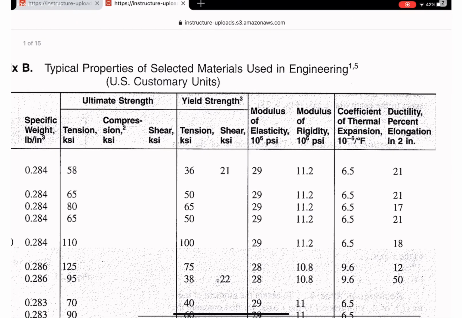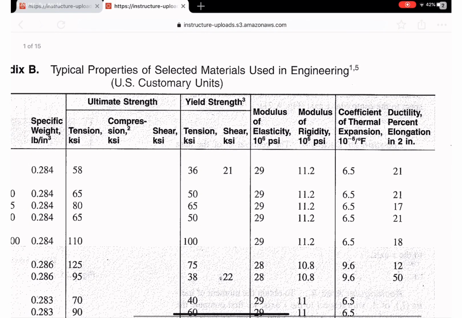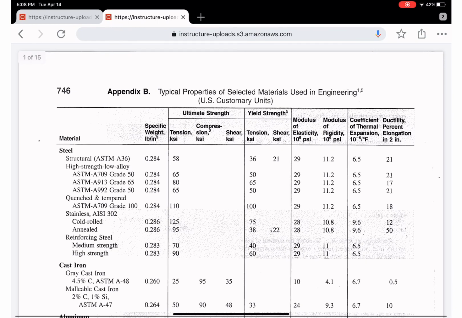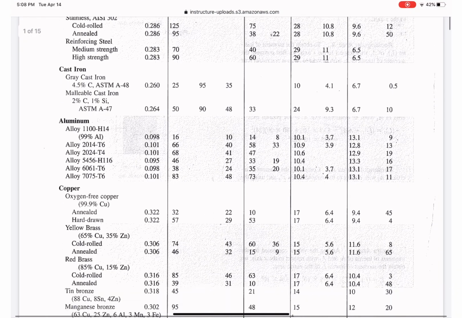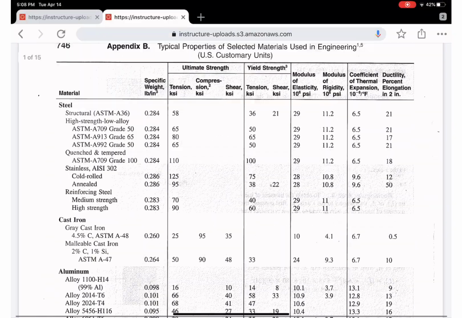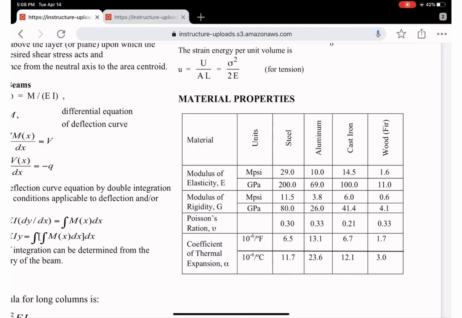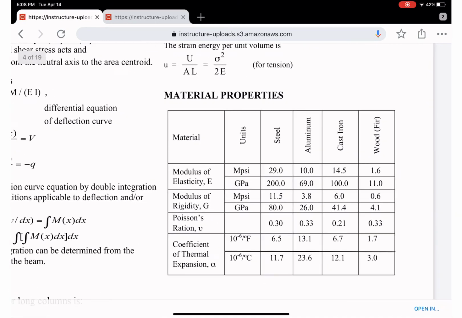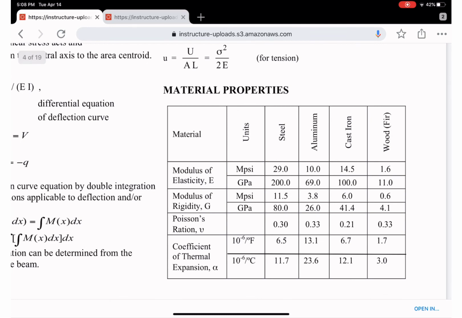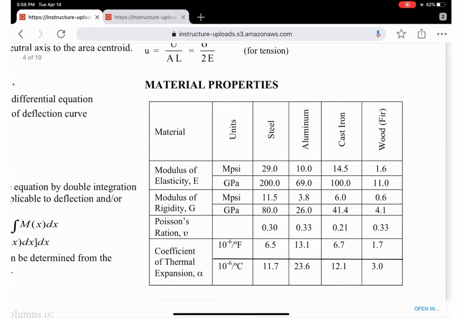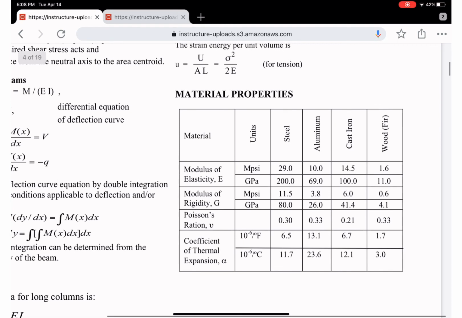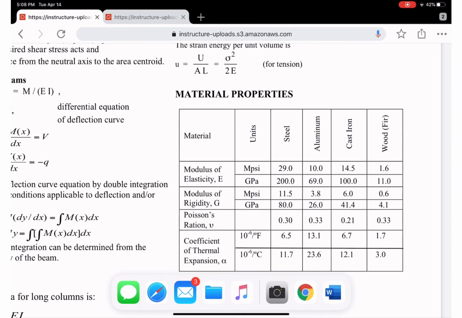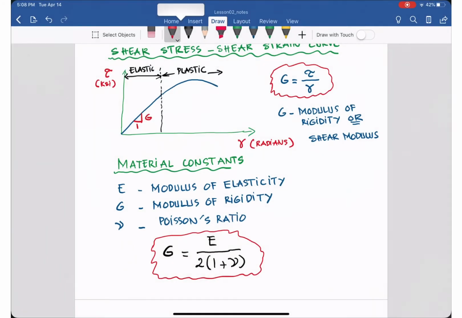So from those two, you can find out the Poisson ratio for the steel, and similarly for cast iron, aluminum, copper, etc. And if you cannot find that, go to the reference data card page number 4. We have that for steel, aluminum, cast iron, and wood for modulus of elasticity, modulus of rigidity, chi, Poisson ratio, and coefficient of thermal expansion alpha that we are going to talk about next week. So with that, we are done for today's lesson.